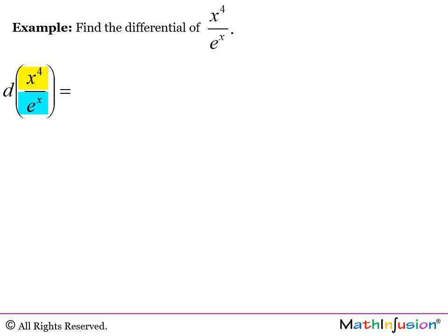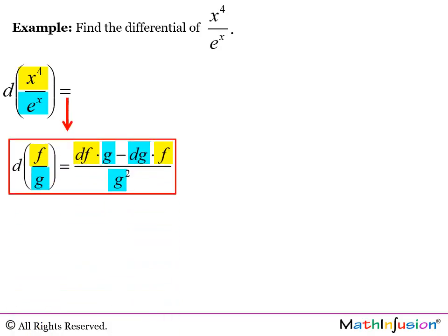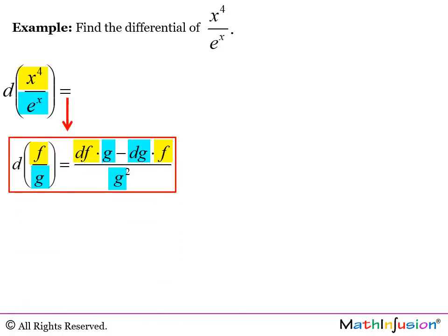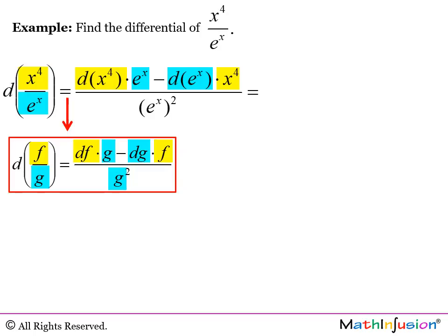Find the differential of x to the power 4 over e to the x. Now I'm going to apply the quotient rule for differentials. The differential of the first times the second, minus the differential of the second times the first, over the bottom function to the power of 2.